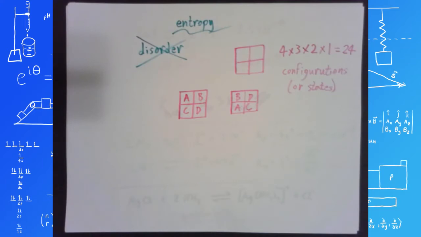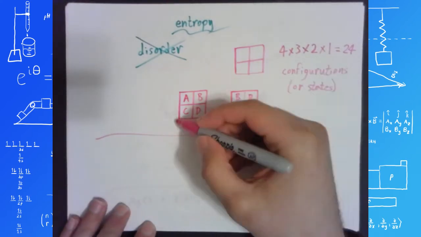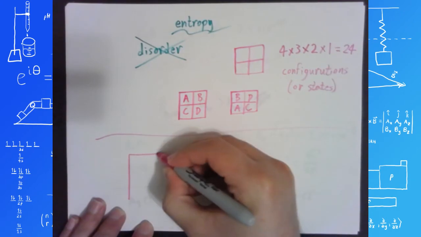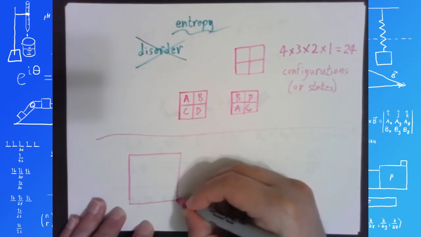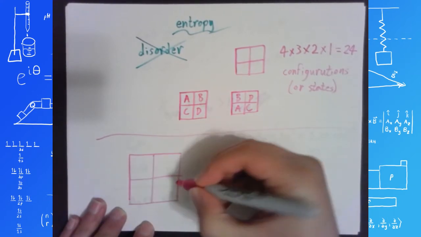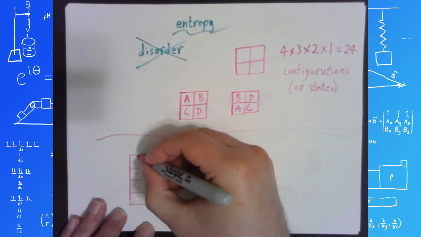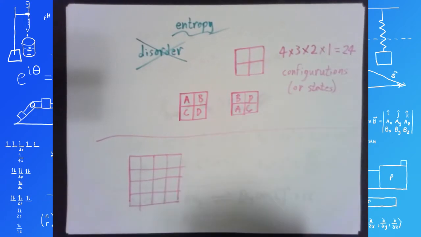Okay, what if I expanded the grid? Instead of making it a 2 by 2 grid, let's say that the same 4 particles now have more room to occupy. Now it's a 4 by 4 grid, and there's a total of 16 spaces to occupy now. Still 4 particles, but 16 spaces.